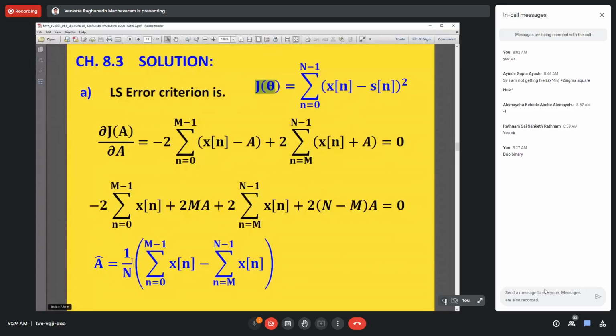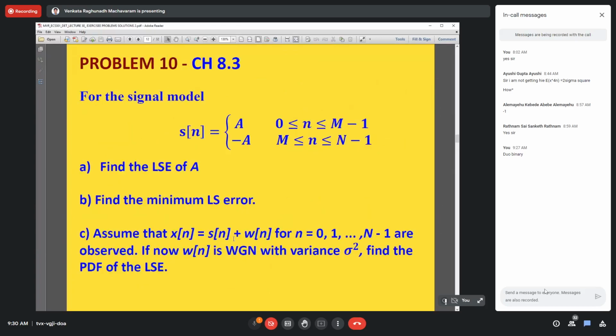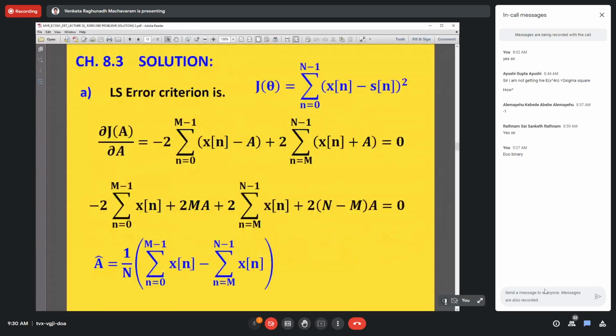So A hat is 1 by n summation of xn, for the first half from 0 to m minus 1, and for the next n minus m samples, it is different because here it is A and here it is minus A. So this is A, this is minus A.